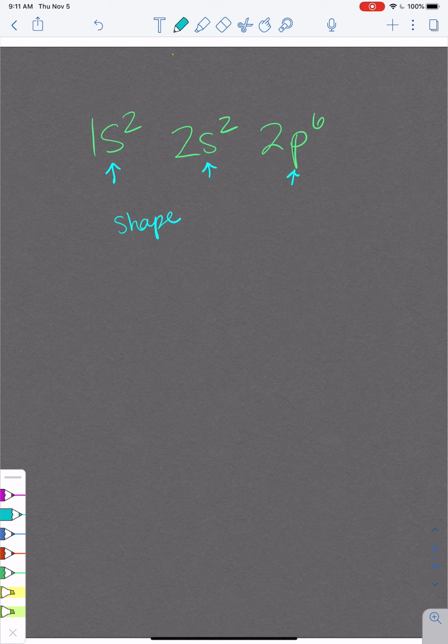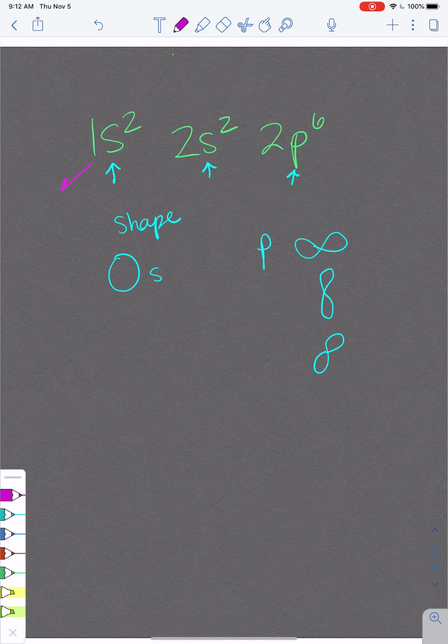Like the s orbital is a sphere, and the p orbital, remember, we have a dumbbell, but also remember we can turn that dumbbell or infinity sign 3 different ways, okay? The number in front, this 1, 2, and 2, these are our principal quantum numbers.